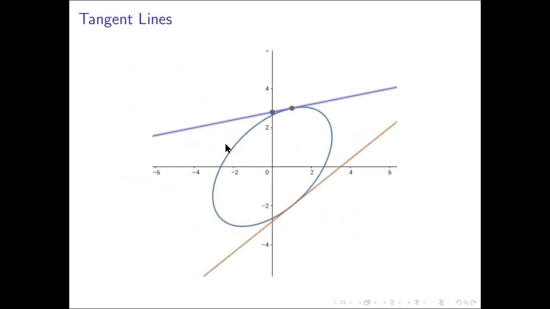So here's the curve, here's the equation. It's an ellipse actually that is rotated, I think 45 degrees counterclockwise. Anyway, that's not important. You won't be required to graph such curves anyway. And here are the tangent lines, the equations we have found. I plotted them, and we see that they are indeed tangent to the curve.